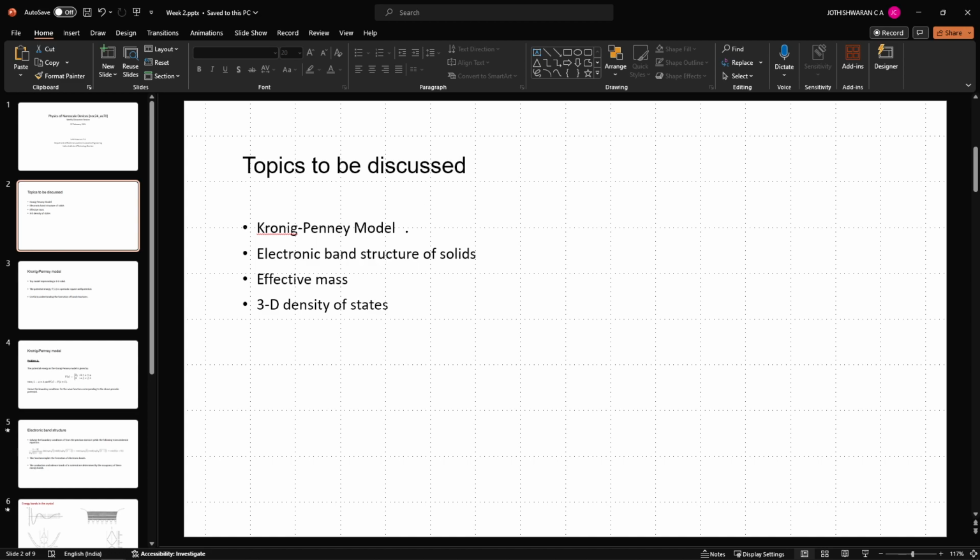The topics that shall be covered in order are the Kronig-Penney model, the electronic band structure in solids, the notion of effective mass, and we shall end the discussion with the idea of the 3D density of states. So these are the 4 topics that we shall be looking at. Of course, everything that is being discussed here will also derive from the discussions that were conducted last week.